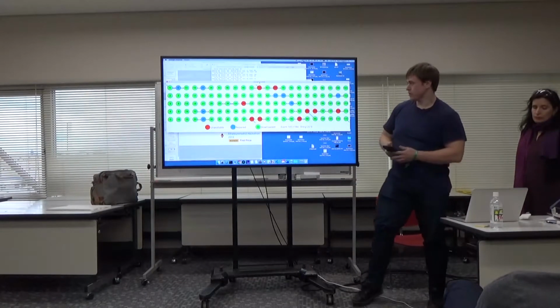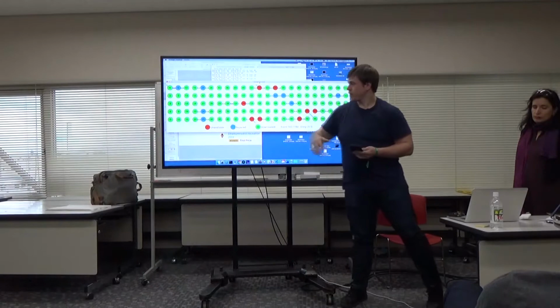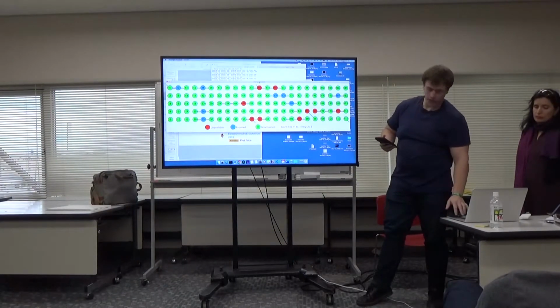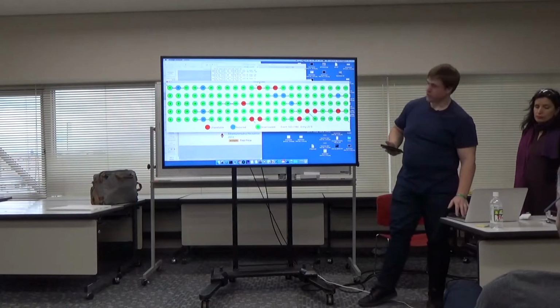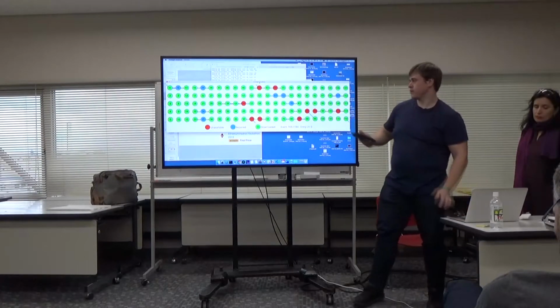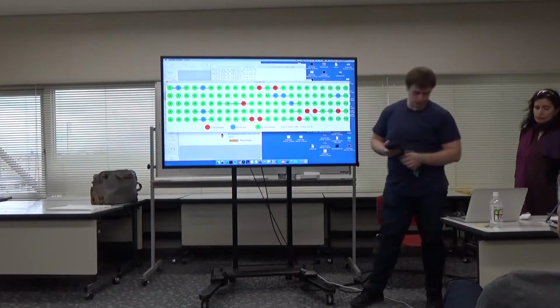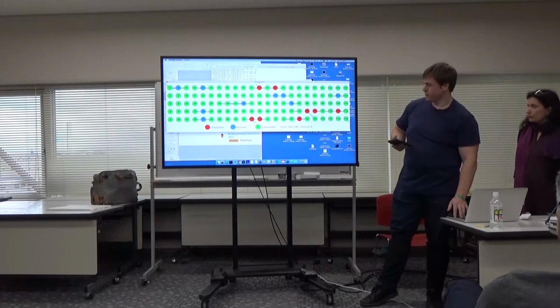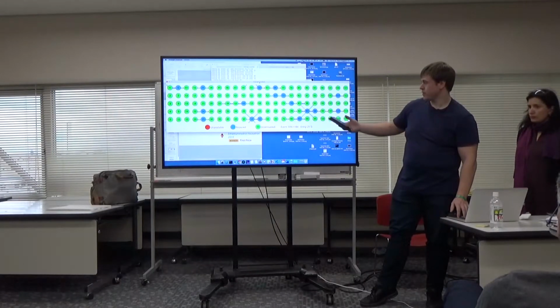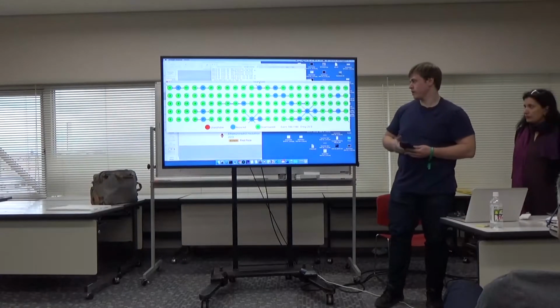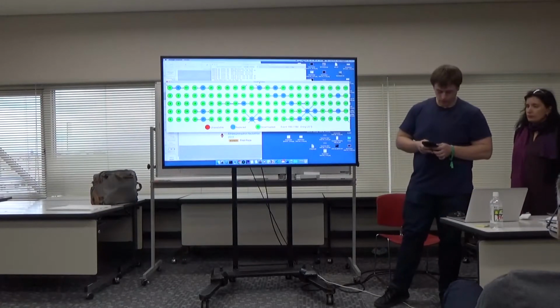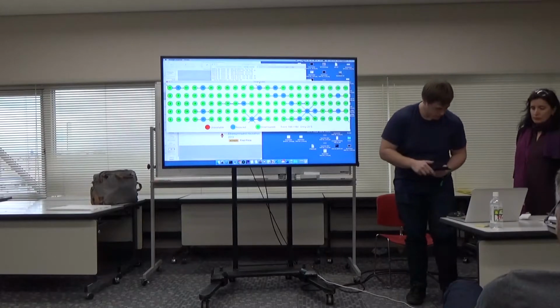What the algorithm does here is it first repairs the parity which is further away, and now it can repair the one it needs. And then it has sufficient information to repair the data block. This keeps running until all of the blocks are either green or blue. And then it terminates.